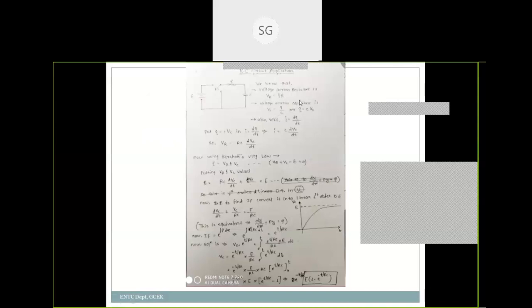Whatever conditions they have given in the question, they are similar to this circuit. Resistance R is there, condenser or capacitor C is there, then the battery with constant EMF E is there.